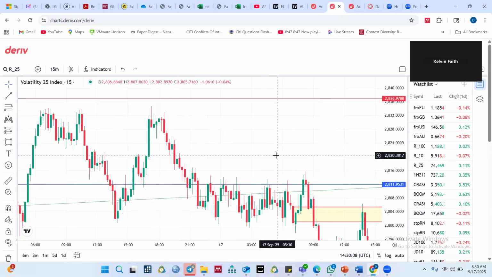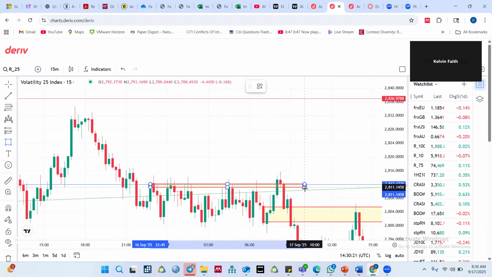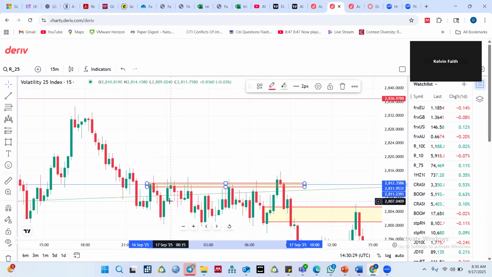So on the 15-minute time frame, we can see that this particular area, anytime price hits here, it drops. Anytime price hits there, it rejects off and comes down. Hit, comes down, hit, comes down, hit, comes down.